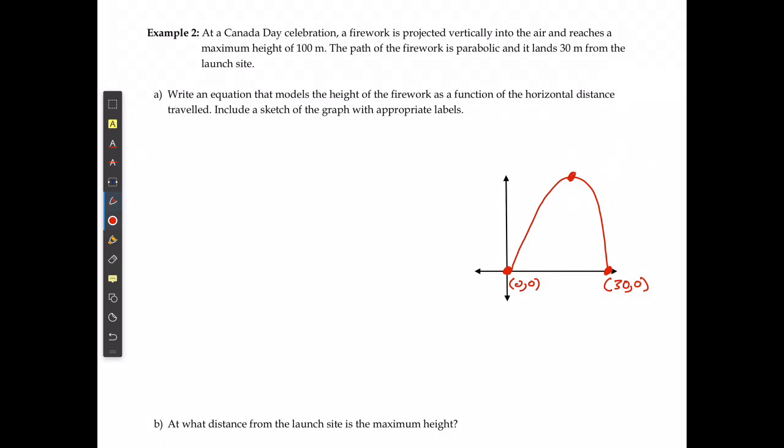It's going to hit a maximum height of 100 meters, and that's going to occur at the vertex halfway between where it started and where it ended, at a distance of 15.